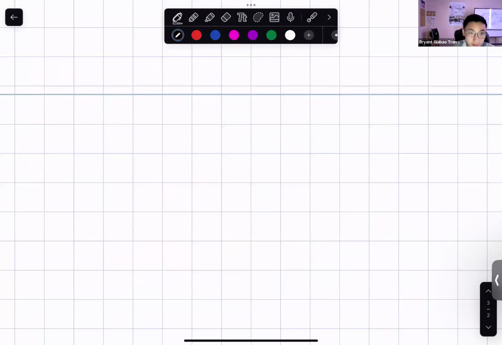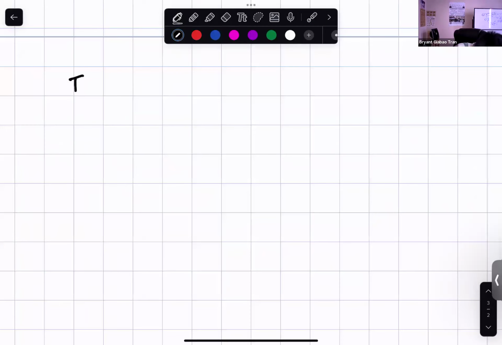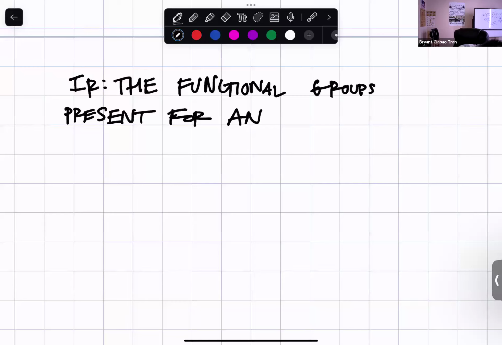Okay, so now let's go over IR stuff. So IR is going to show you the functional groups present for an unknown compound, right?